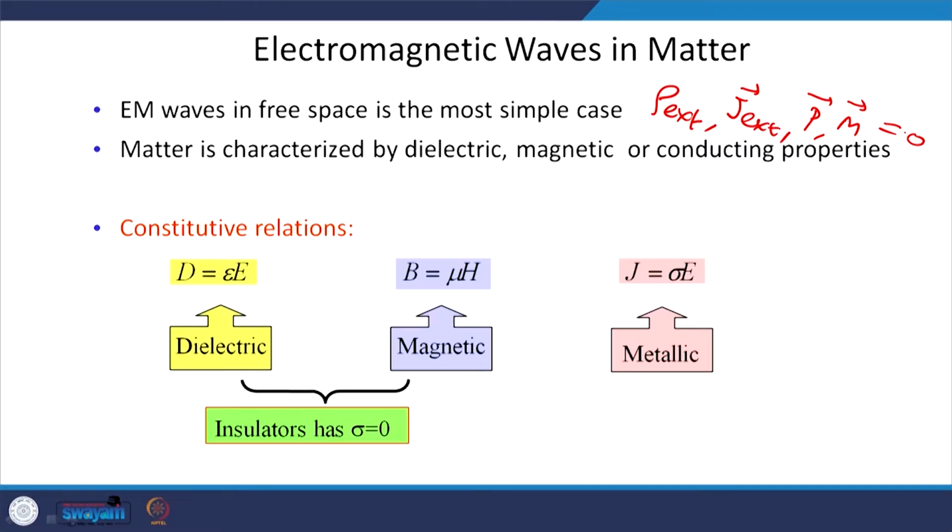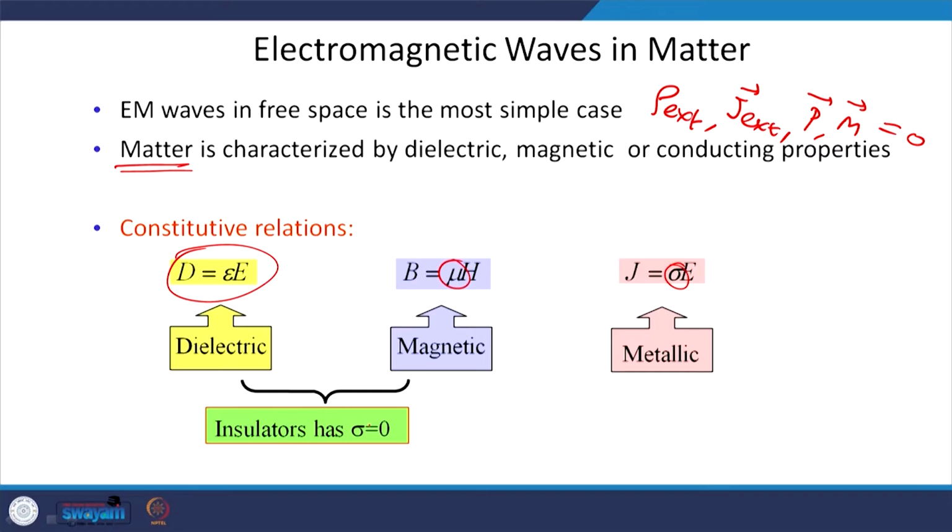for free space. But when there is matter, say for example glass, then we need to consider certain properties which are either dielectric, magnetic or conducting properties. We discussed the constitutive relations while describing the Maxwell's equations, and from there we can see that this one takes care of the dielectric ones, this one takes care of the magnetic one, this one takes care of the metallic ones.